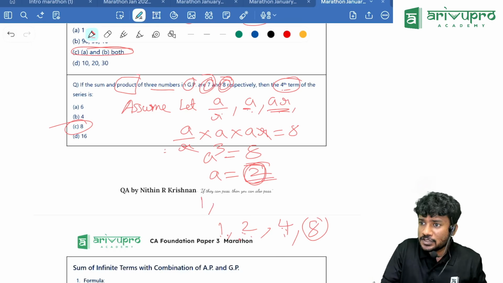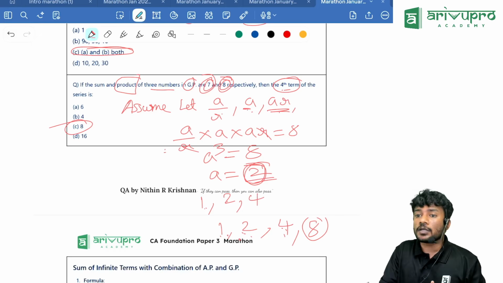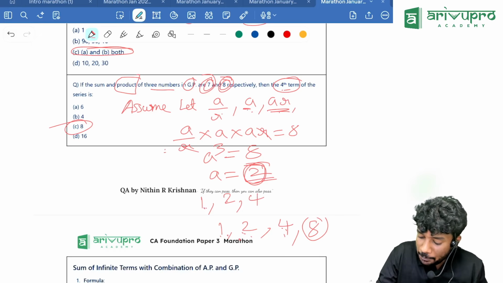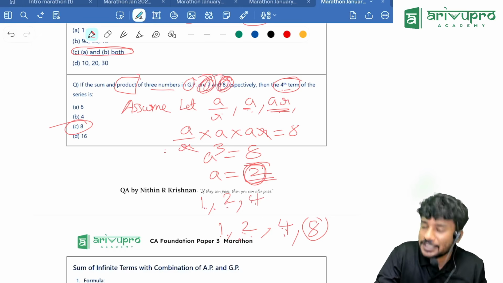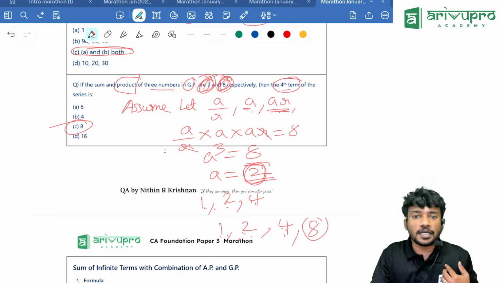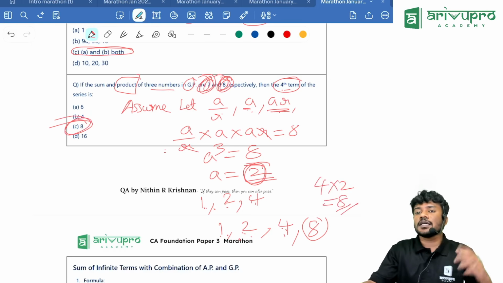If 1 is the first term, 2 is the second term, then the third term should be, with common ratio 2, again multiplied, 4. Now we need to cross check. 1 plus 2 plus 4 is 7. 1 into 2 into 4 is 8. That means our assumption is correct. Now we need to check the next number. 4 into 2 is 8. Option C is the answer.